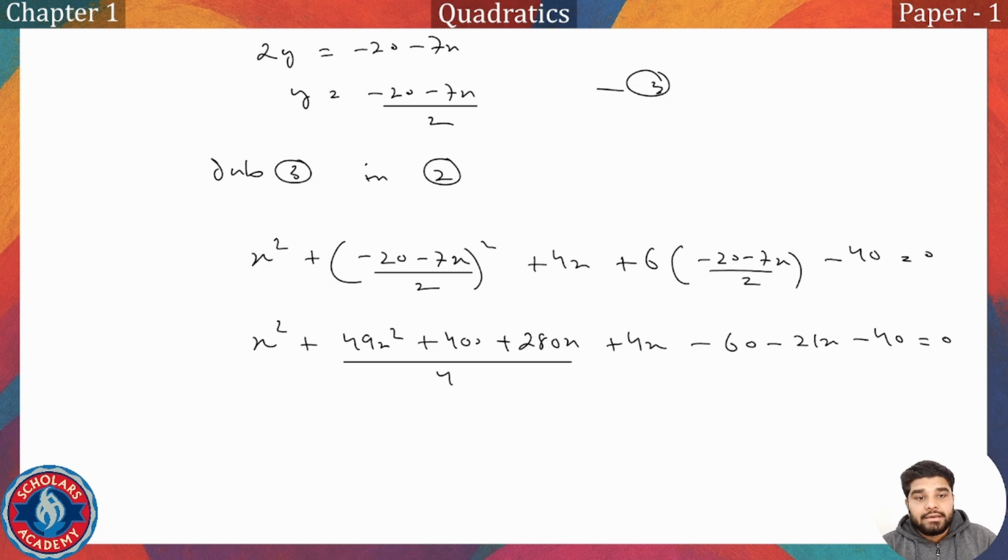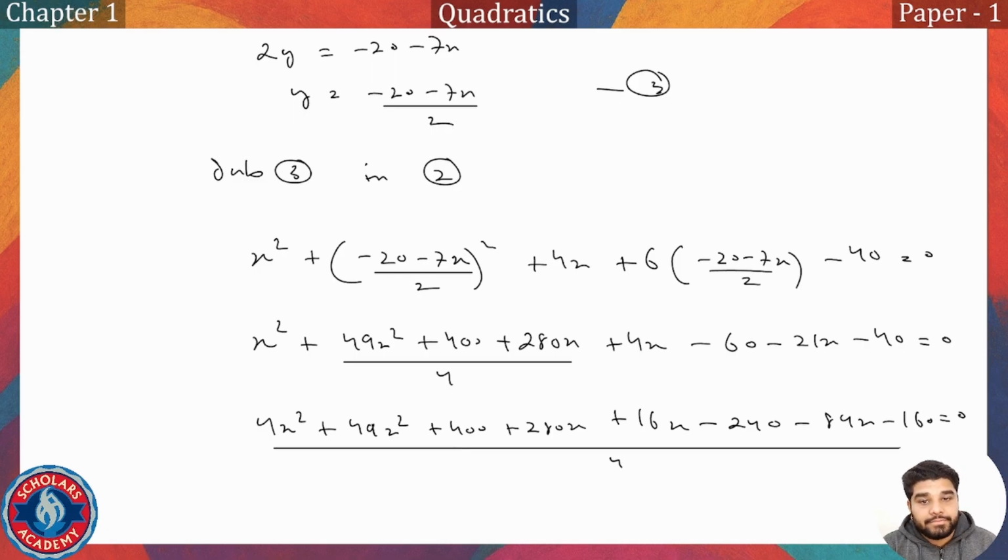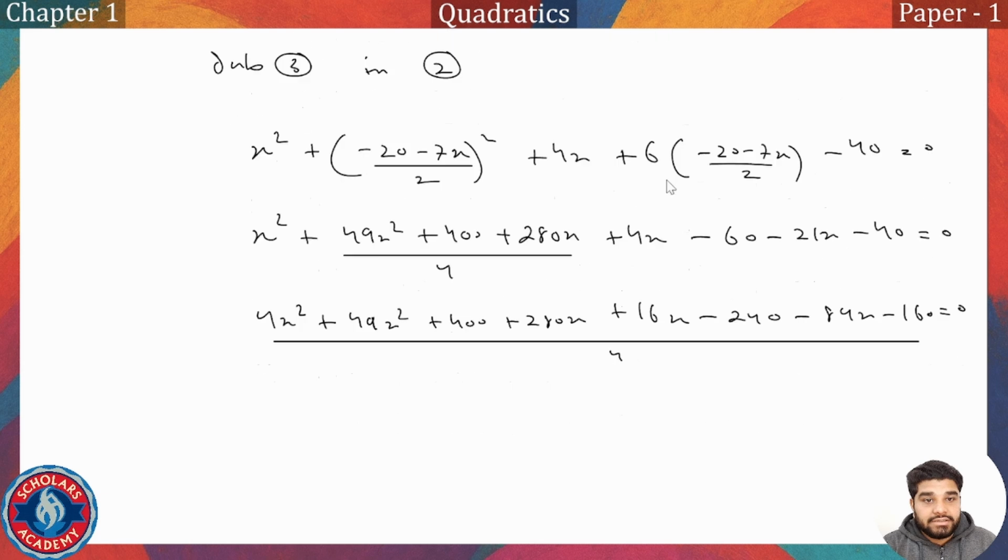Right, now I can take LCM over here. 4x square plus 49x square plus 400 plus 280x plus 16x minus 6 was a 24. So 240 minus 84x minus 160 is equal to 0, all divided by 4. I hope it is clear.